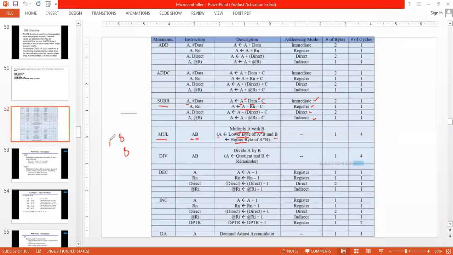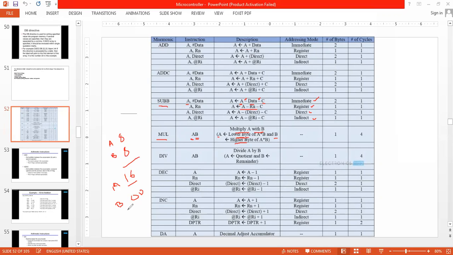A is having 8, B is also having 8. I will take a decimal number, not an issue. 8 into 8 will be 64. 64 is a single byte, so it will be stored into A register and 00 will be stored into B register.